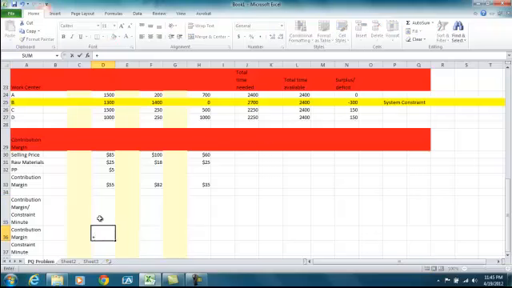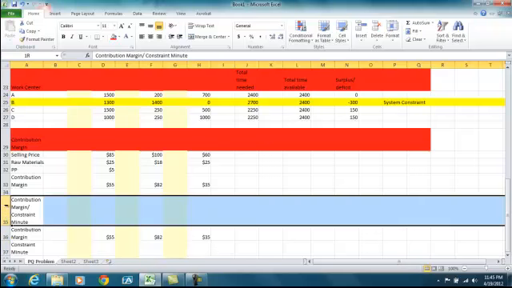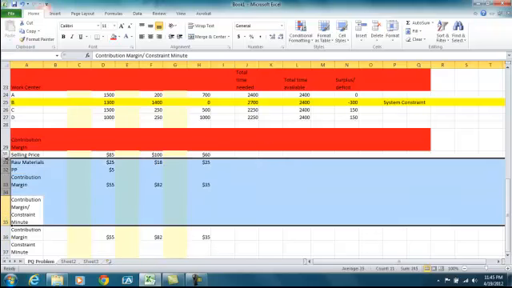I'm just going to carry that number down here. And so I've got those numbers. I'm going to hide these so I can see things a little better.